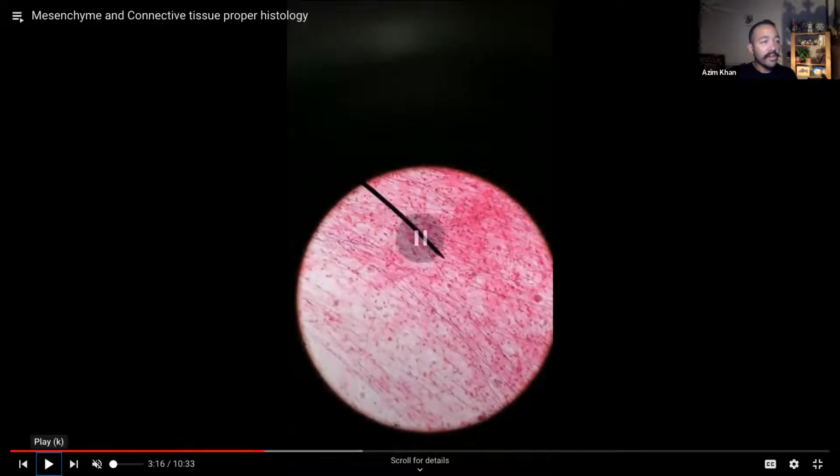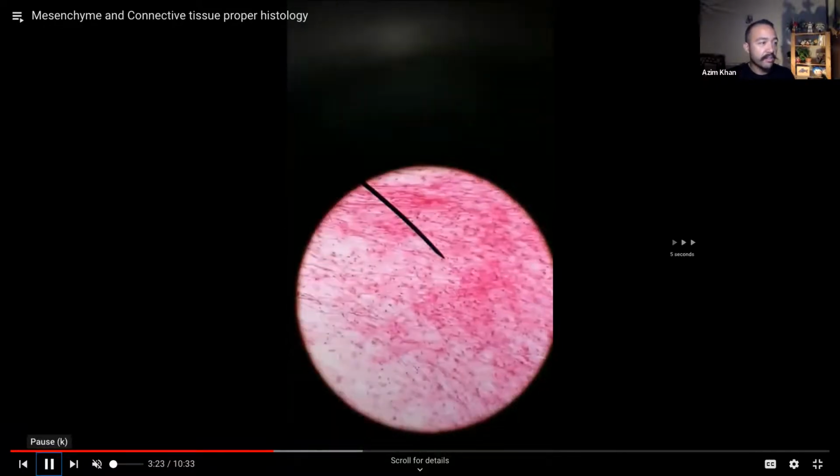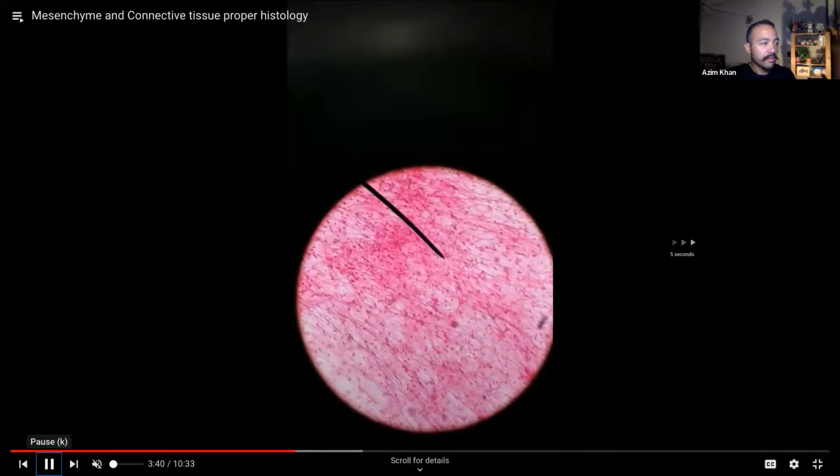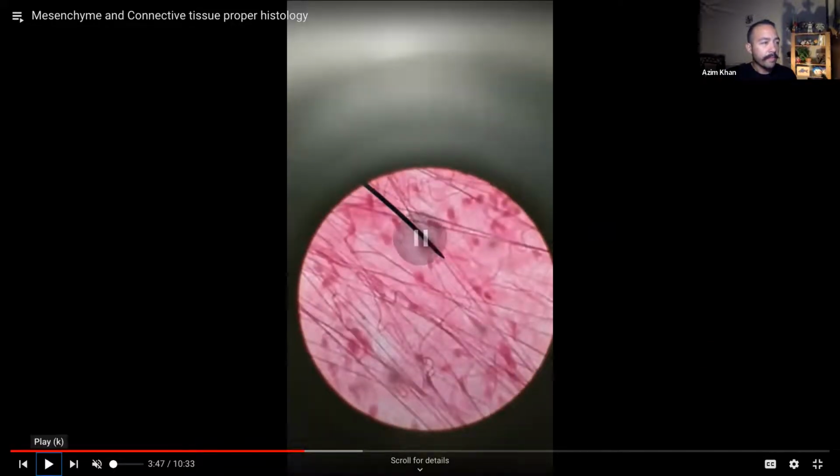This is 100x, I believe. You can see all those little dots. Those little dots are the nuclei of cells. Here is 400x. Now, I'll give you a hint. This is a smear of tissue.